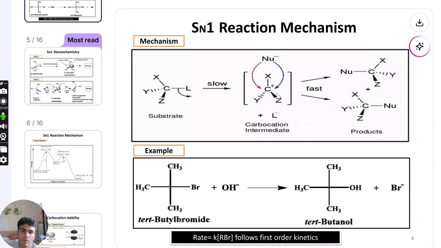And as you know, the carbocation must be stabilized by factors like inductive effect, resonance effect, or hyperconjugation effect, because otherwise the carbocation will not be formed and the reaction will not take place. So in the first step, the carbocation will be formed, and in the second step, the carbocation will undergo addition with the nucleophile and give the product.